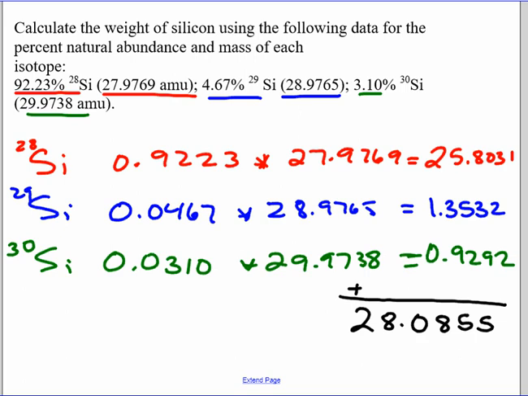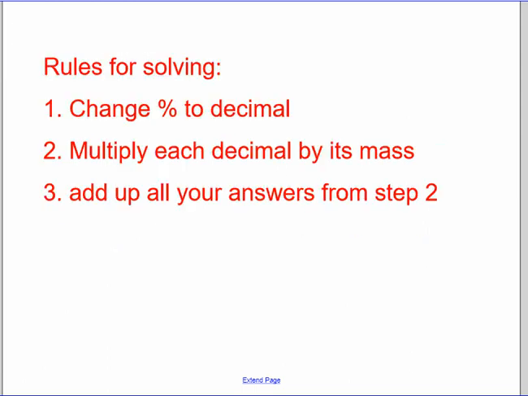Once our math is complete, we come to an average atomic mass for silicon of 28.0855, which is the atomic mass that you find on the periodic table. As a quick recap, the rules for solving average atomic mass are to first change your percent sign to a decimal.